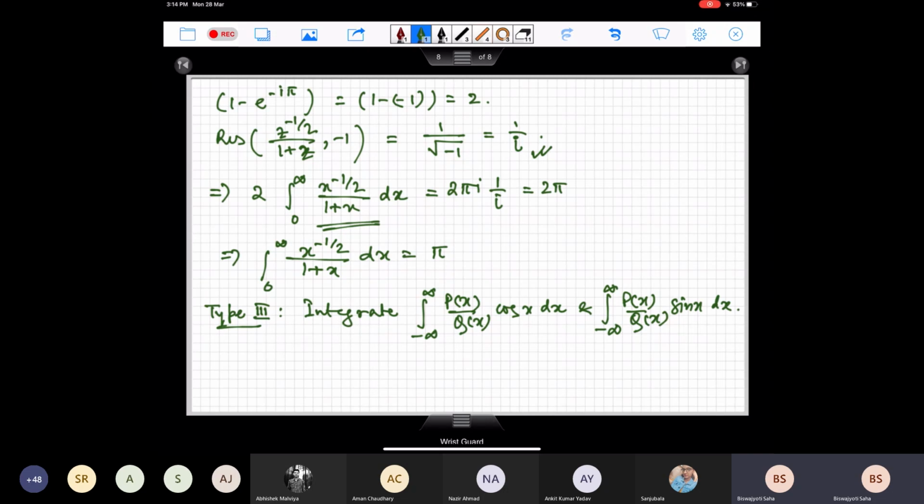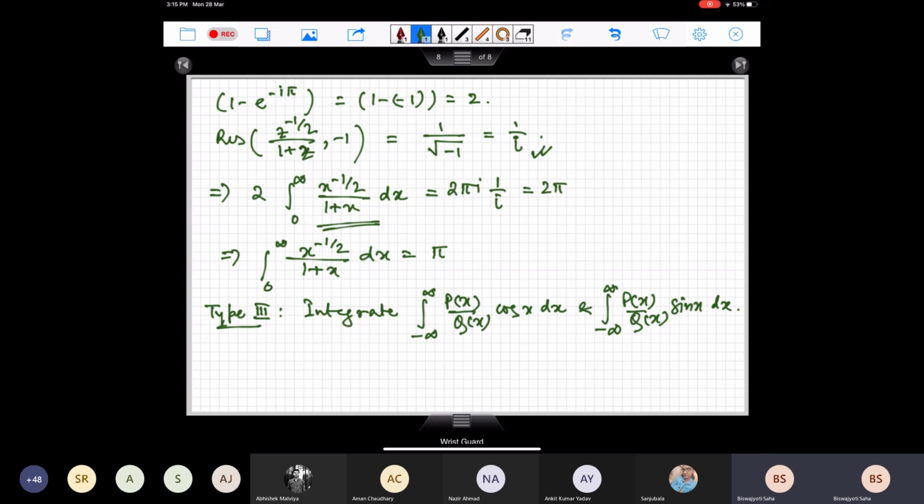Because here we have the sine and cosine functions, that gives you periodicity. So you go above the x-axis, come below the x-axis so many times. So only for convergence, it's enough to take degree of q minus degree of p bigger than 1.